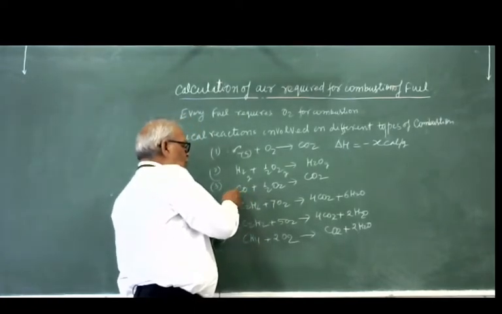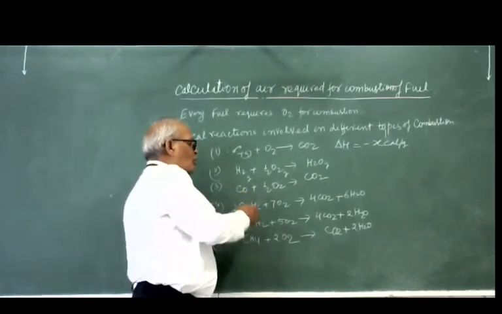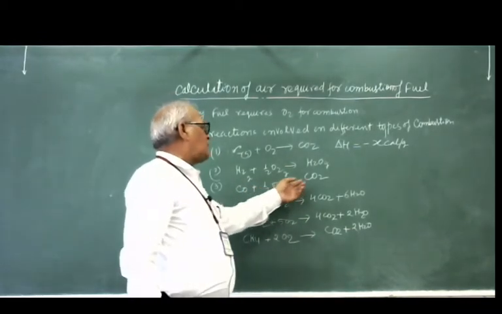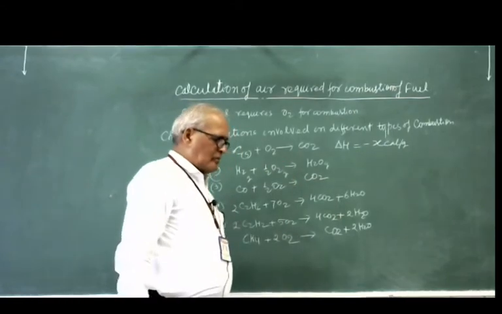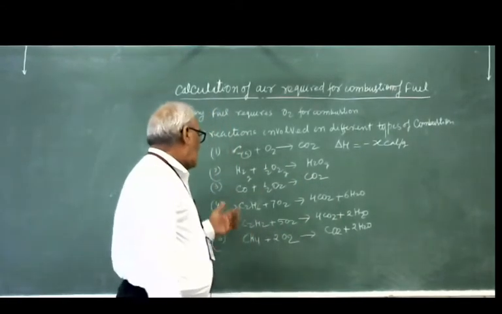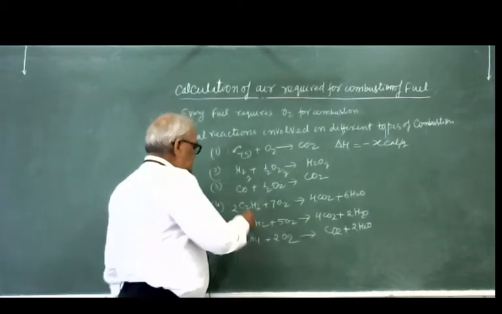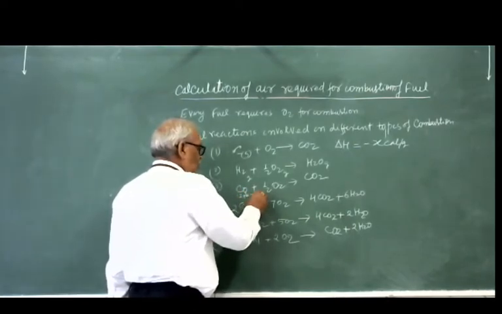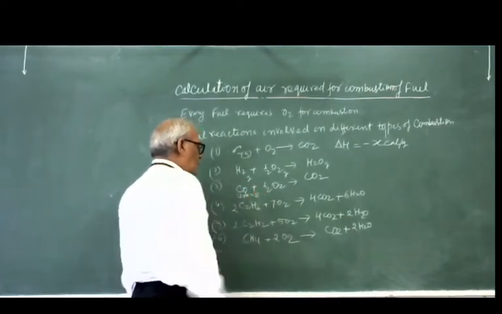One volume of the carbon monoxide requires half volume of the oxygen giving carbon dioxide. Or you can say in terms of the weight, this carbon 12 plus oxygen 16, it is equal to 28.